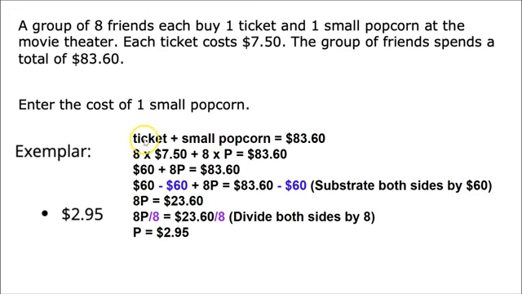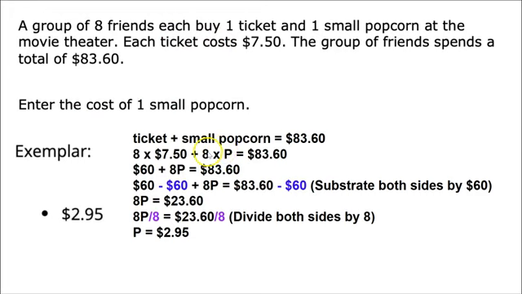Now we got to find the cost of each of these components. As far as tickets, there are 8 friends and each of the tickets cost $7.50. So you take 8 times the ticket cost of $7.50 to have the cost contribution of the tickets. And as far as the small popcorn, we still have 8 friends, but we don't know the cost of 1 popcorn.